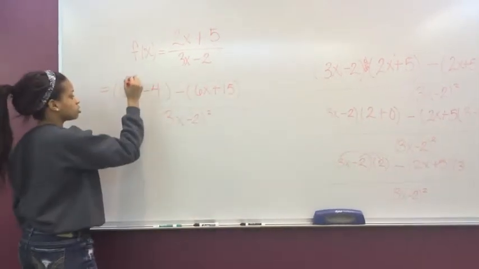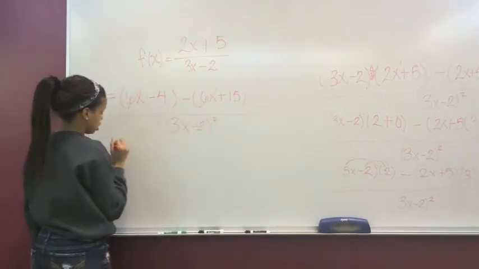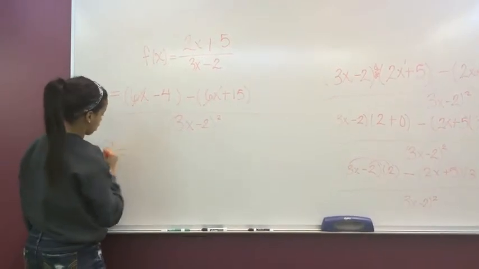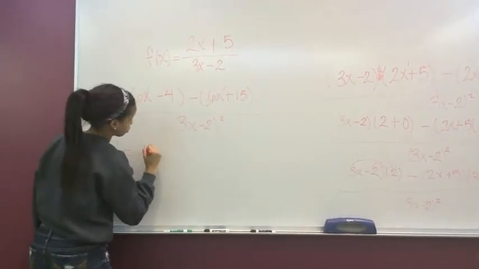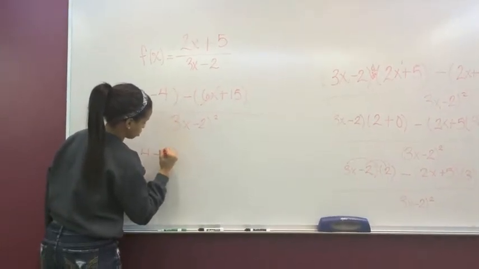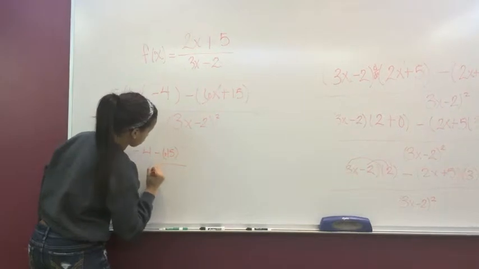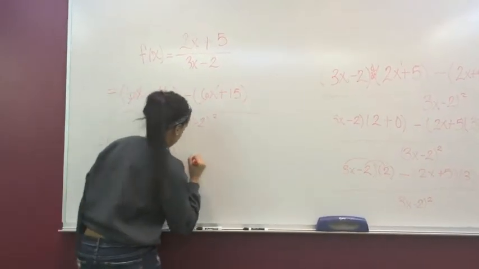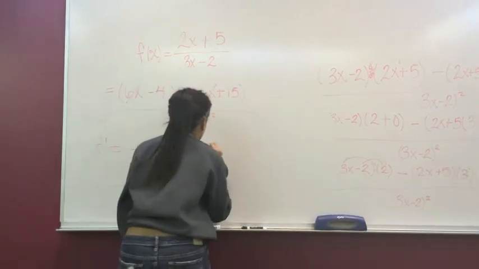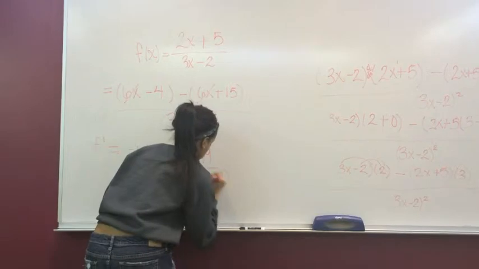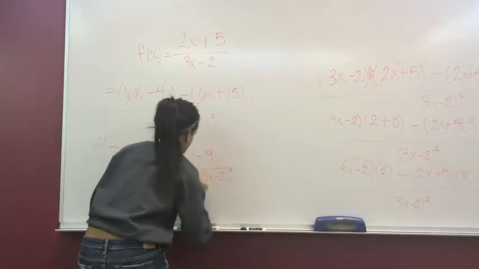So now, these two 6x terms will cancel out, and your final answer in f prime form should be negative 4 minus positive 15 over (3x minus 2) squared, which simplified would be negative 19 over (3x minus 2) squared.